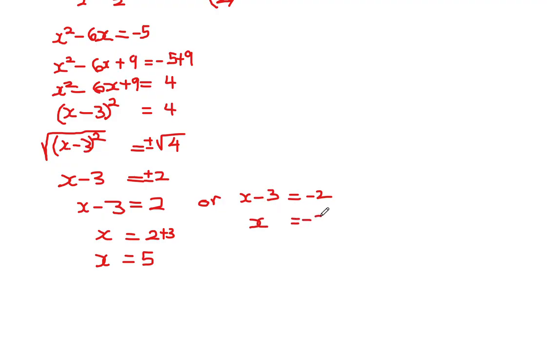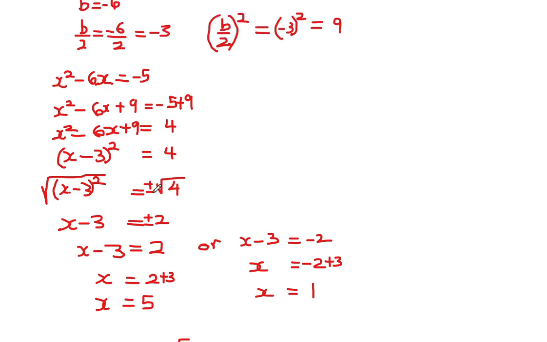We're going to add 3 to both sides of the equation to get x on its own. So x would be equal to negative 2 plus 3, and negative 2 plus 3 is going to give us 1. So the possible values for x are 5 and 1. And these represent the solutions to this quadratic equation using the method of completing the square.